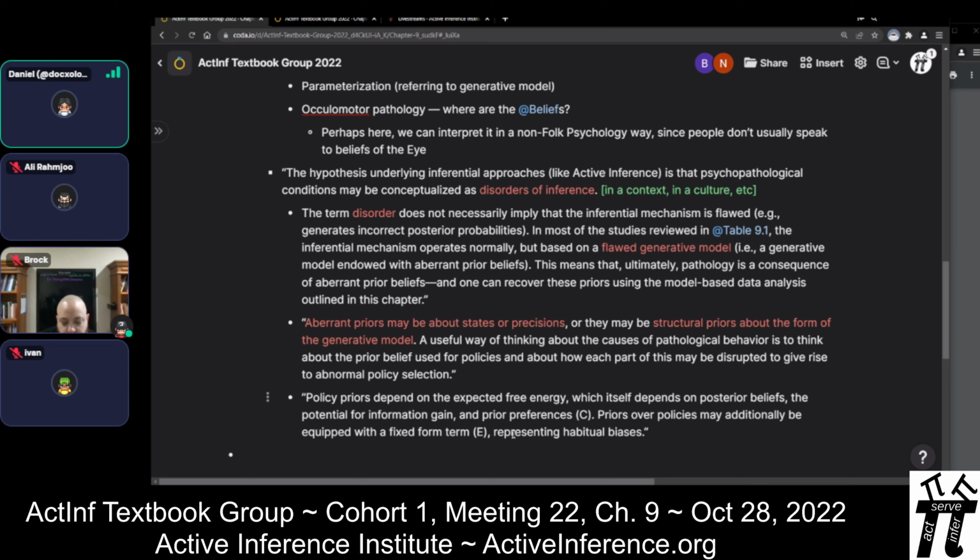But the idea in model-based analysis is that those can be the observables, and you may or may not control the observations, but at least you know what they are. And then you can explore whether differences in behavior end up being reflected in statistically differentiable parameter estimates for prior preference, or for prior D, or for the fixed form term E.